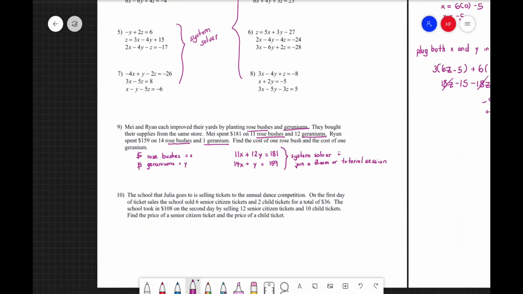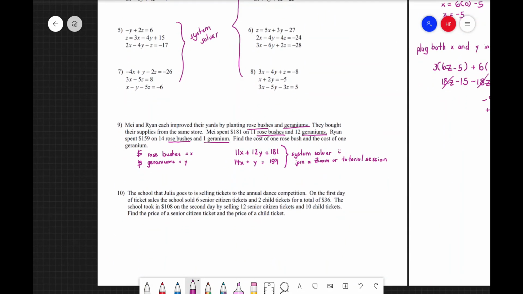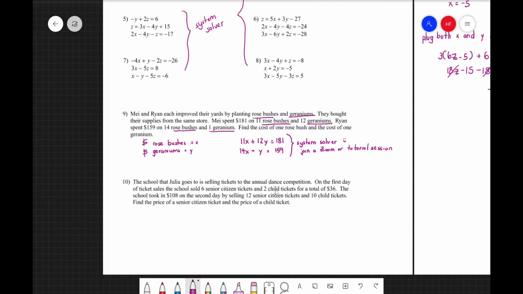So I do need 2 of them done by hand, and then you've got the system solver for the other ones. And then for the word problems, all of them need to be done with a system solver, but I do have to see your equation set up.